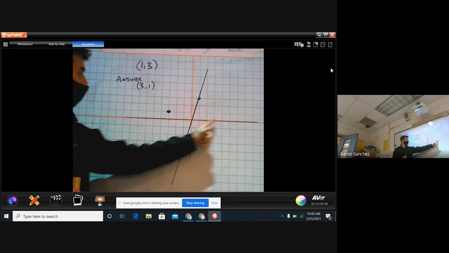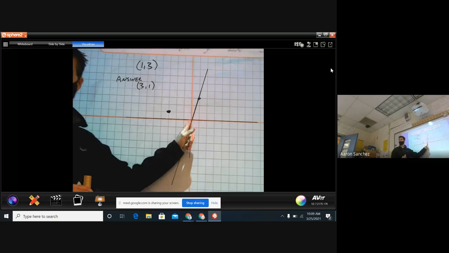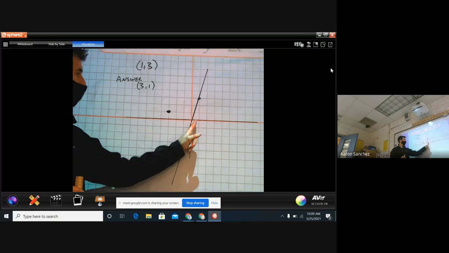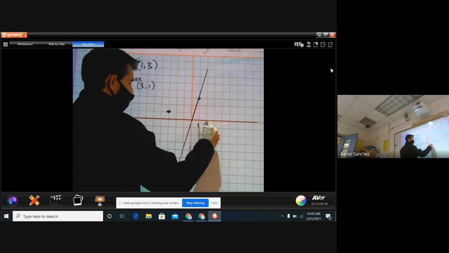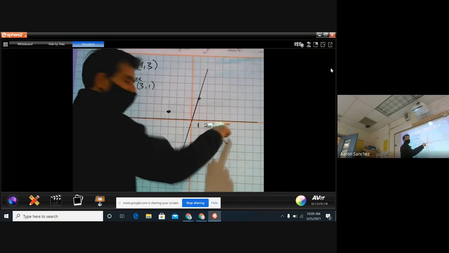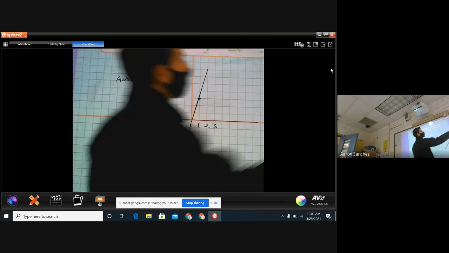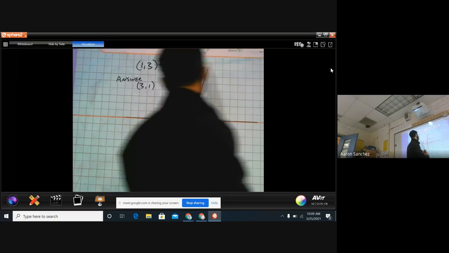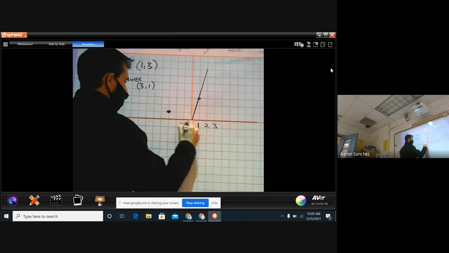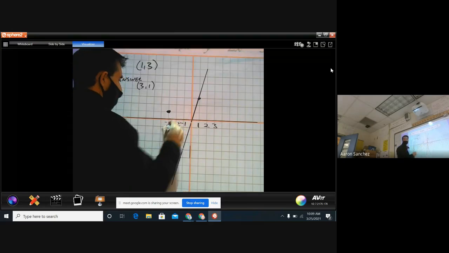In this way, the numbers go positive. Right here, 0. So this is 1, this is 1, 2, 3, right on the number line. And this way is negative: -1, -2, -3.